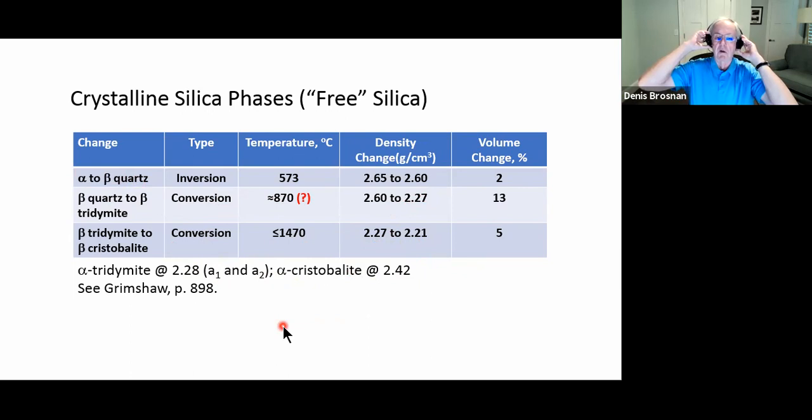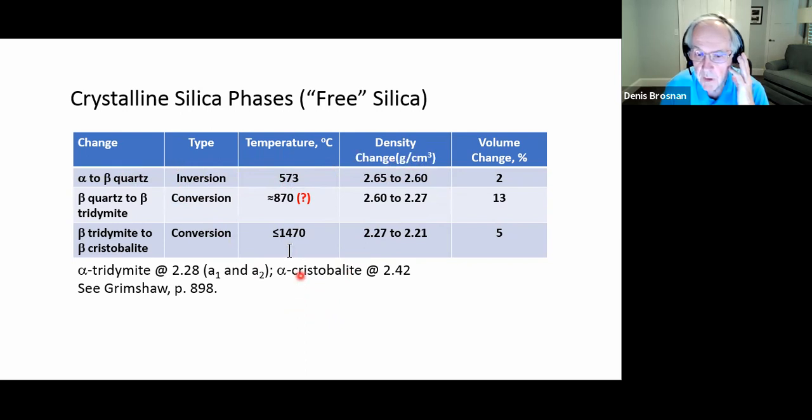So these are complex things that happen. And what you just need to know is if you convert something, then it's going to remain in that form, although it may have its own inversions on cooling. If you only invert something on heating and then you cool, then you're going to go back in the reverse direction.